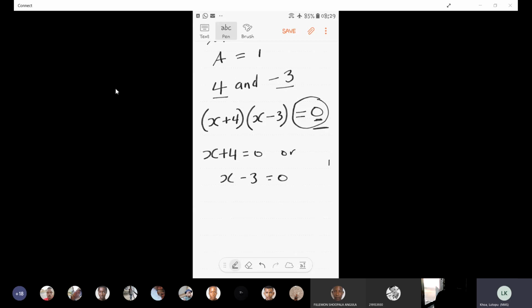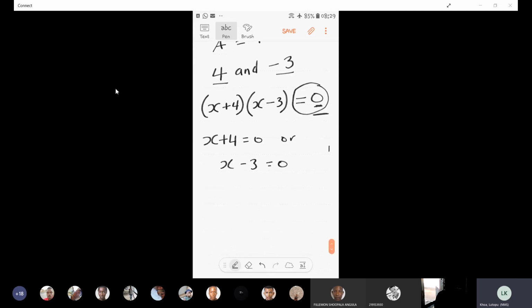I cannot write x plus 4 is equal to 10 or x minus 3 is equal to 10. That is not true. But with 0, it is always the case that when you're multiplying two terms and the answer is 0, it means the first one is 0 or the second one is 0. And from the first one, I'll get x is equal to minus 4. And then the second one, x is equal to 3.